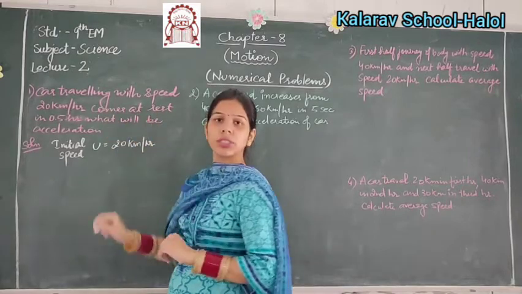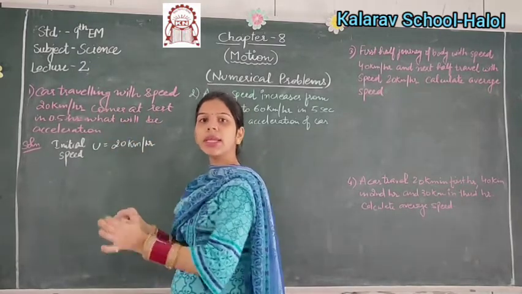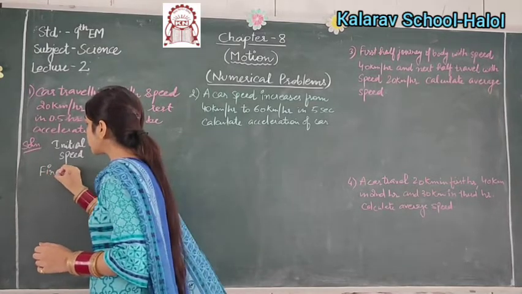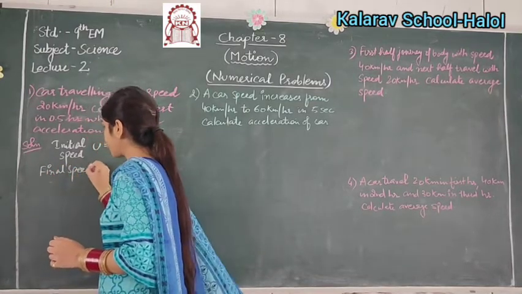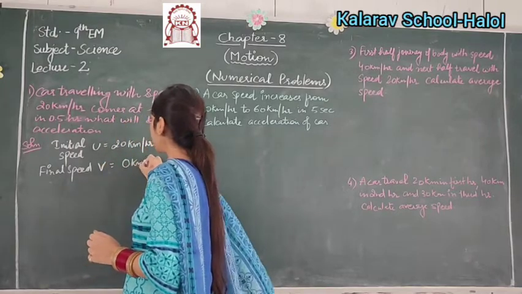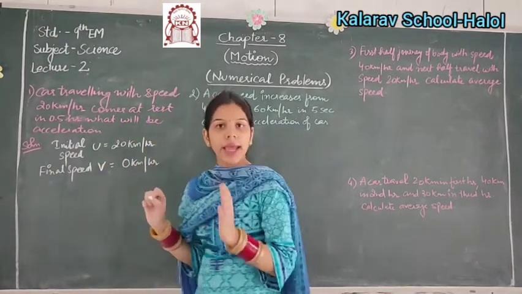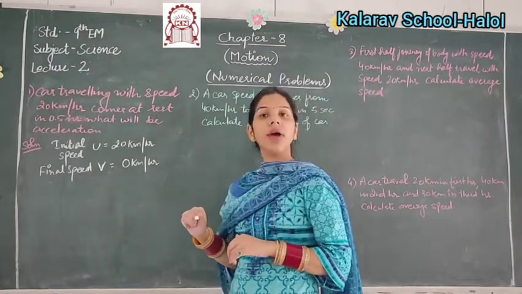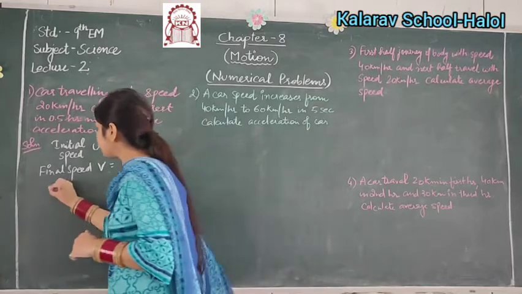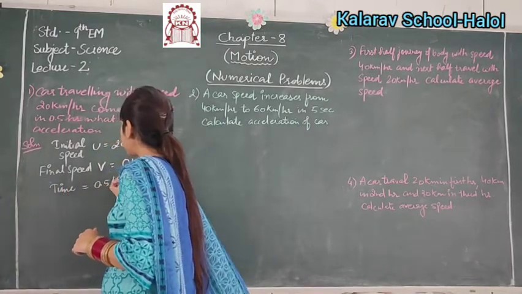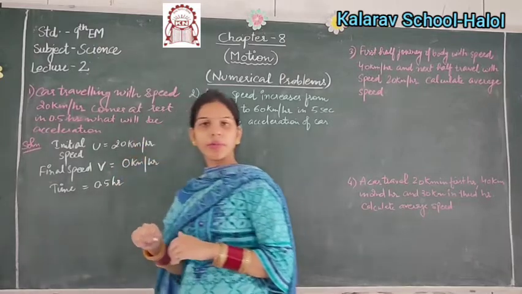It comes to rest after completing the journey, so its final velocity v is 0 km per hour, because it is at rest. The time taken for the journey is 0.5 hour.